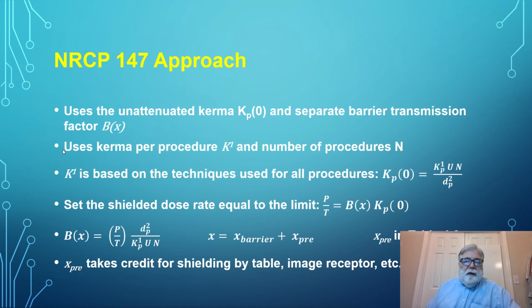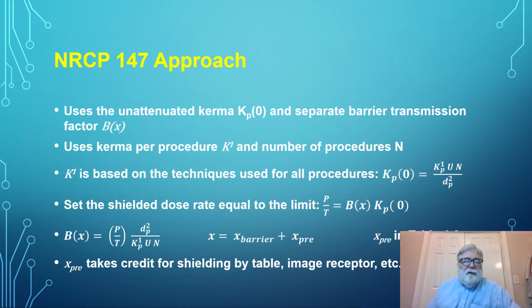Now, in NCRP 147, X-ray rooms often have a mix of procedures, and those procedures operate at different voltages. When we worked under NCRP 49, we used one voltage curve. So we assumed the voltage curve for whatever procedure had the highest voltage.